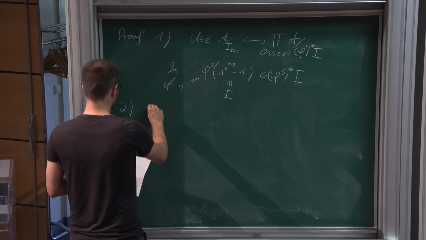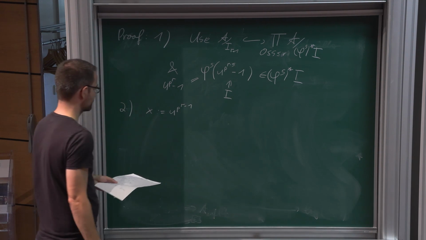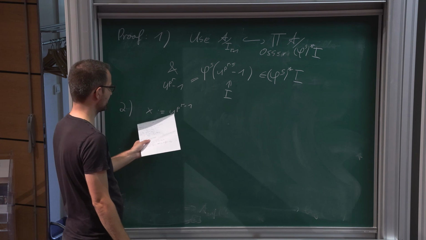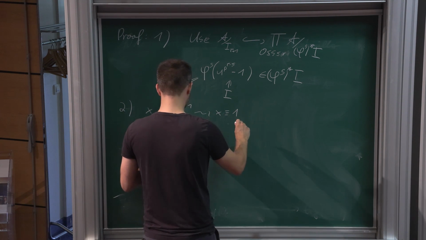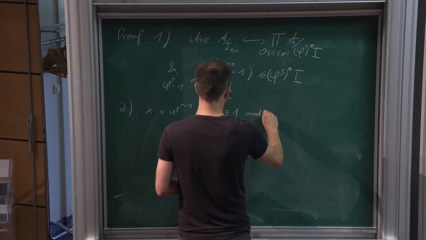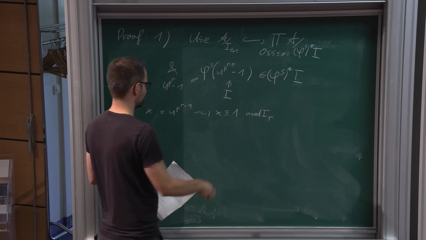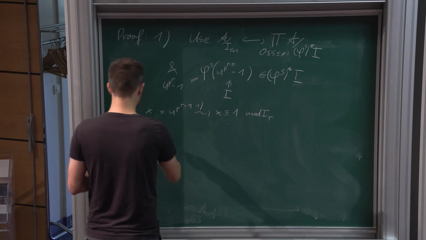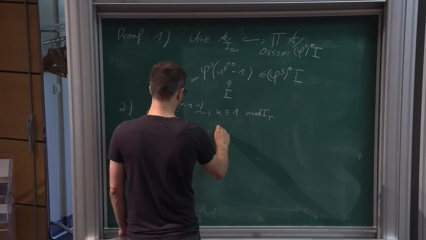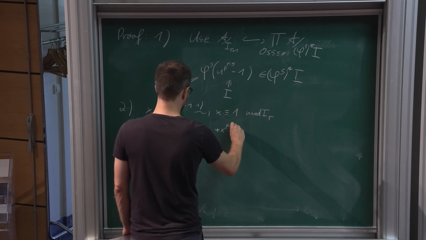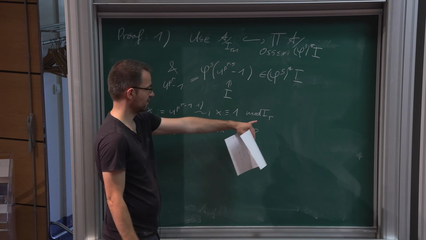And for the second one, let me set x to be equal to u to the power p^r minus 1. Then x is congruent to 1 modulo I_r, which follows from the first statement. And so this implies that 1 plus x plus and so on plus x to the power p minus 1 is congruent to p modulo I_r.